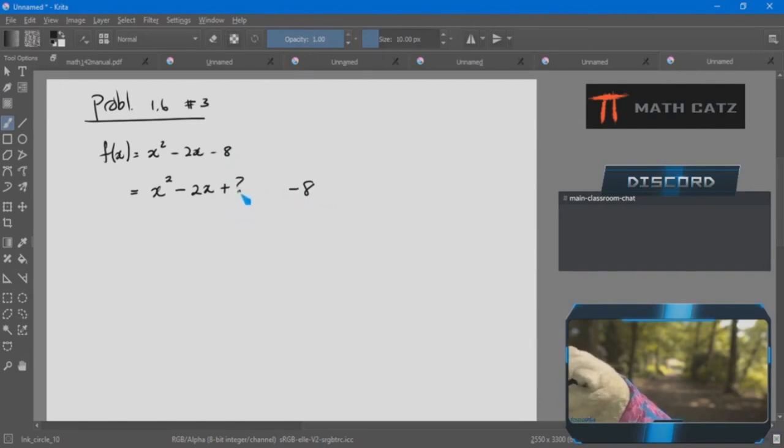I don't know what that something else is going to be, but I know it's not 8. I want something else that would give me some bracket squared. Now I can't just add this question mark value. Then I've changed the function, so I need to take it away again so that everything is still in balance and nothing has happened.